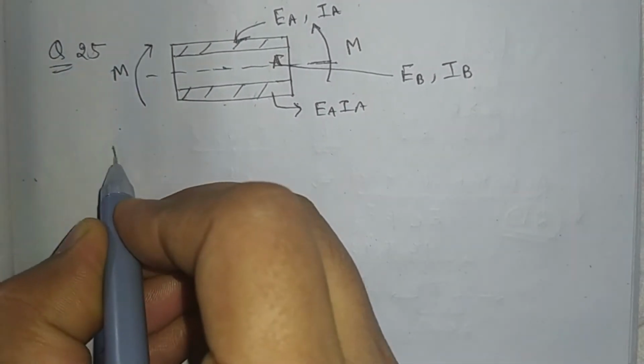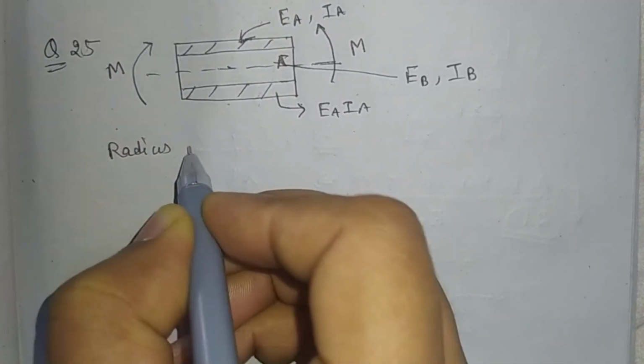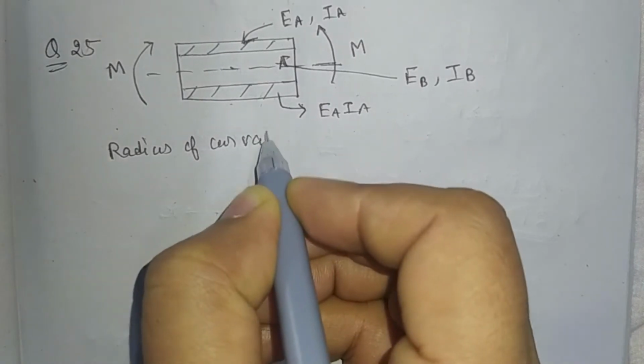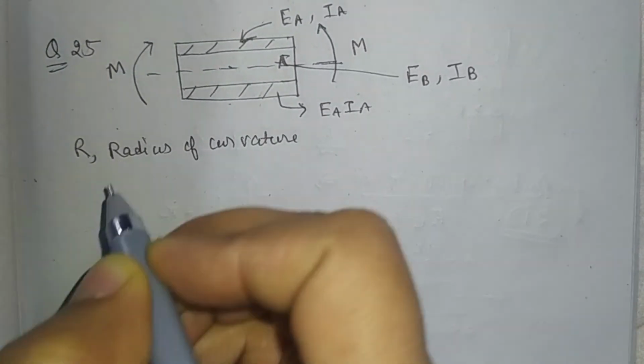We have to find the radius of curvature R.